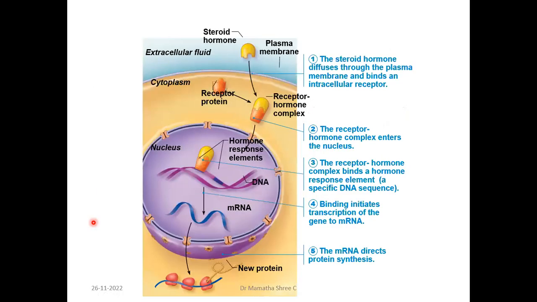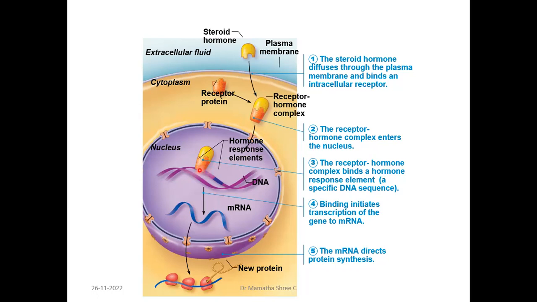I'll give you an example of a hormone that binds to its cytoplasmic receptor. Example is a steroid hormone. Here you can see that the steroid hormone enters into the cell cytoplasm. There it binds to the receptor protein, and a hormone receptor complex is formed, and that complex enters the nucleus. Now, this hormone receptor complex will bind to the hormone response element which is present on the DNA.